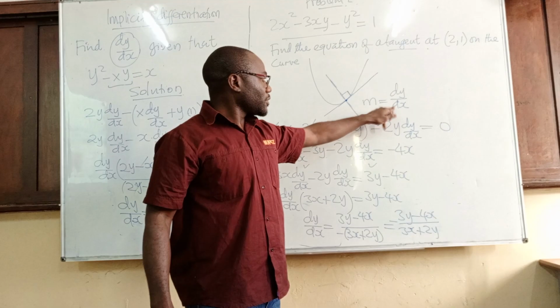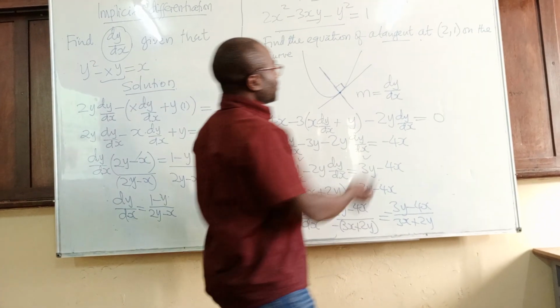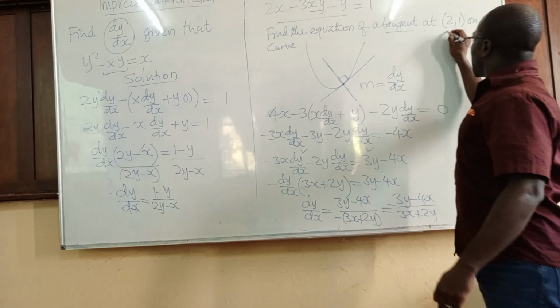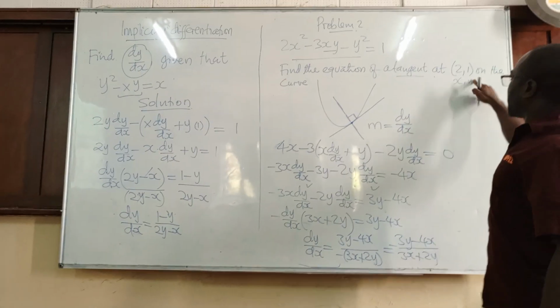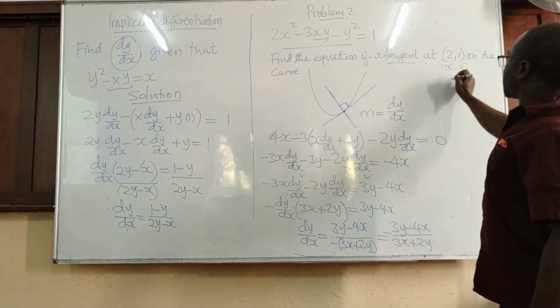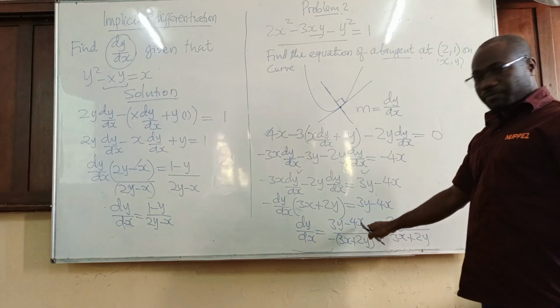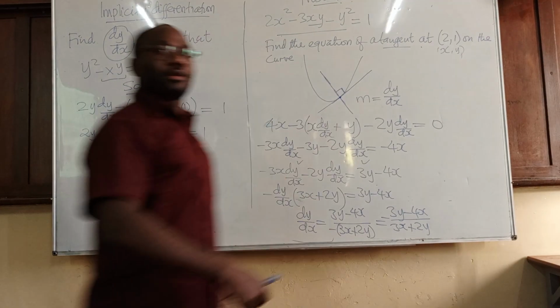Once we have this, the next thing is now to substitute. Remember, this is a point. So at this point, we have x as this one and y as this one. Where there is x, we're going to substitute 2, and where there is y, we put 1.